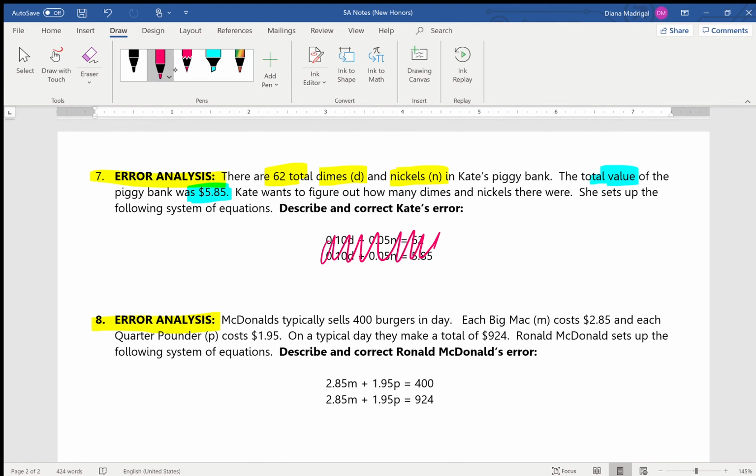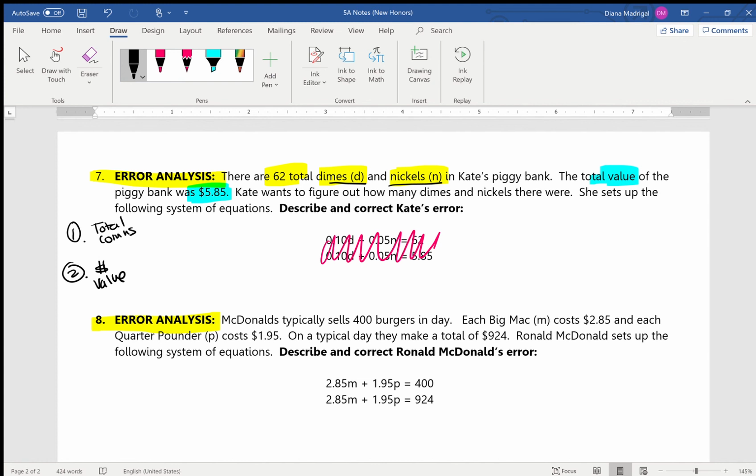Okay. As you can see, they gave you the variables already. Dimes for D, nickels for N. So you're going to be using D and N. The first equation should be talking about how many coins you have, total coins. Number 2 should be talking about the money, the value of the piggy bank.